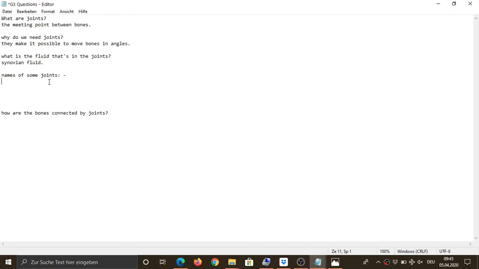We now know that we have the pivot joint. That's the first type of joint. It's in the neck. Let's see the other type, the hinge joint. Where is it? In the fingers and elbow.